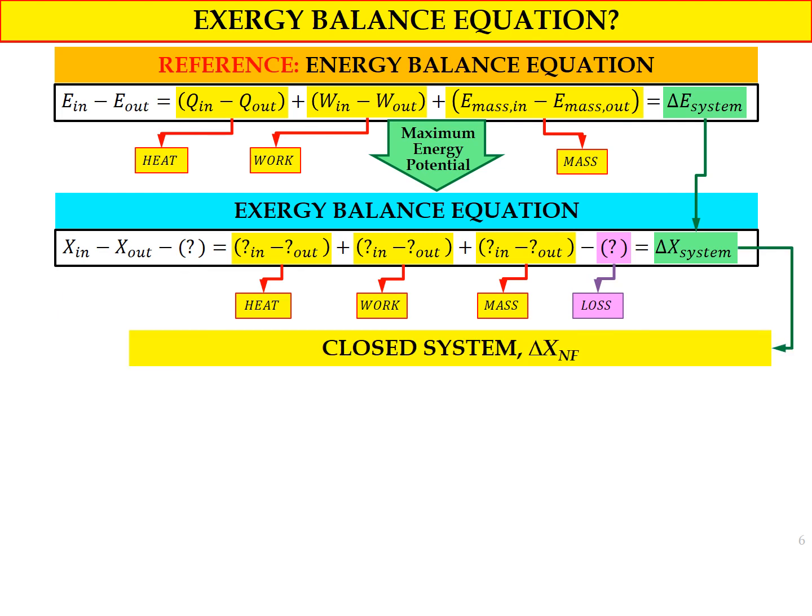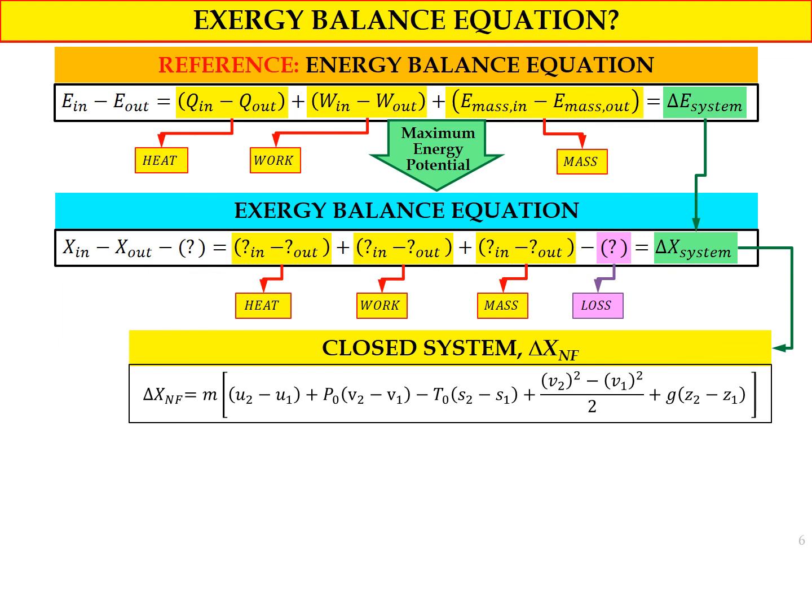Okay, so now we have already derived the exergy change for the closed system, delta X system, where delta X system equal to m multiplied by bracket U2 minus U1 plus P naught multiplied by V2 minus V1 minus T naught multiplied by S2 minus S1, plus kinetic energy difference plus potential energy difference.